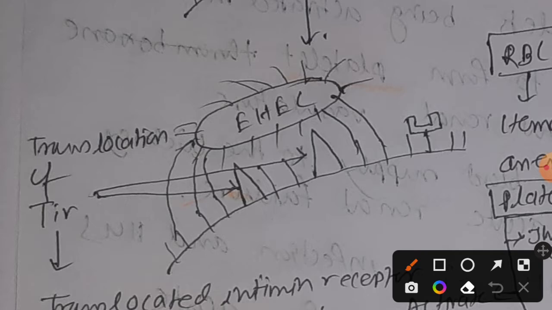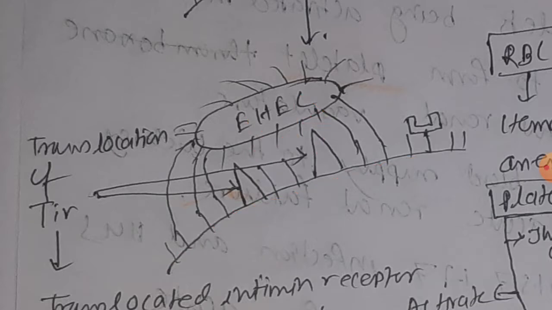That is what is going on in the case of EHEC. They express TIR and translocate it onto the surface of the enterocyte just because they want a firmer attachment. Okay, so this is the second step, translocation of TIR.